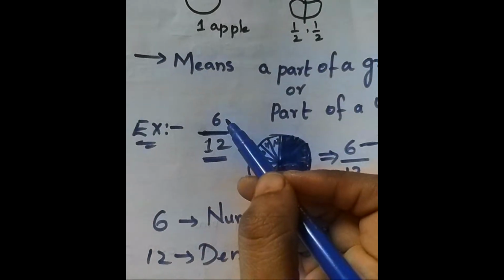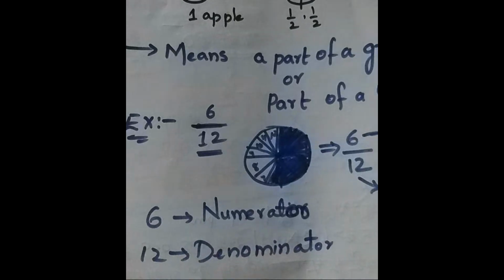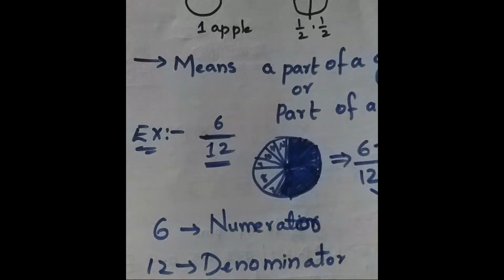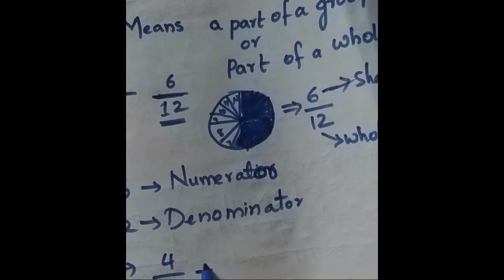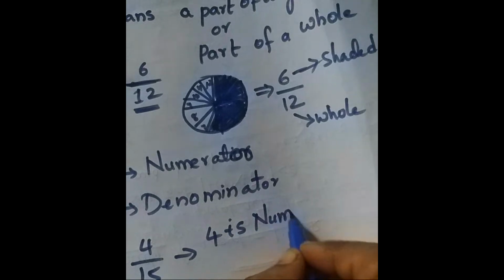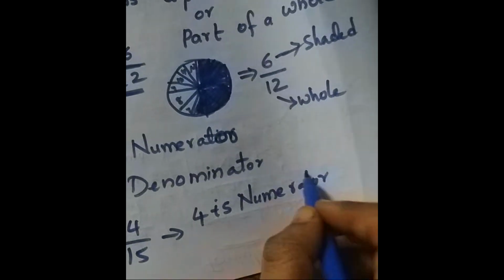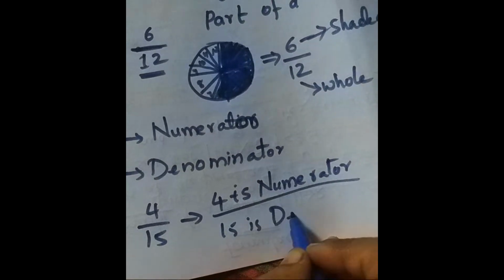Here in this example, we call 6 the numerator and 12 the denominator. For example 4 by 15, in this 4 is the numerator, and 15 is the denominator.